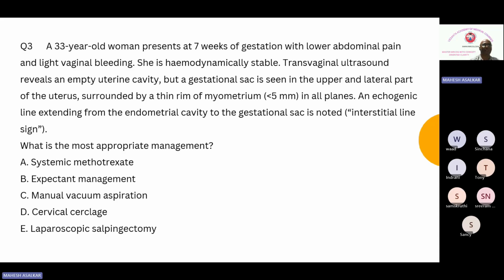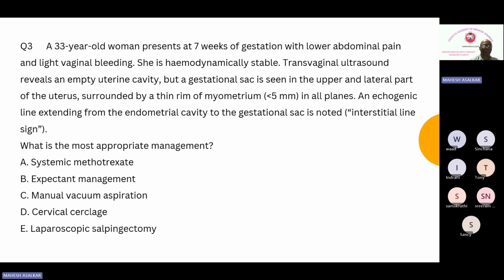Okay, and what is going to be the management? They have asked about the management. What is the most appropriate management? A. Systemic methotrexate. B. Expectant management. C. Manual vacuum aspiration. D. Cervical cerclage. E. Laparoscopic salpingectomy. It is A, systemic methotrexate.